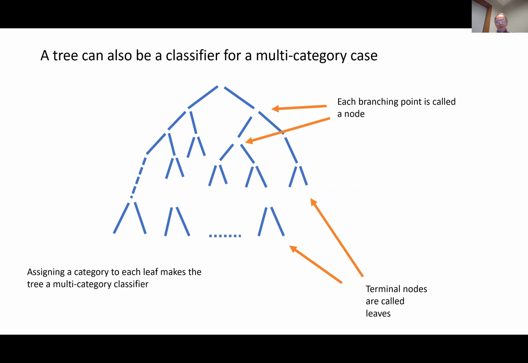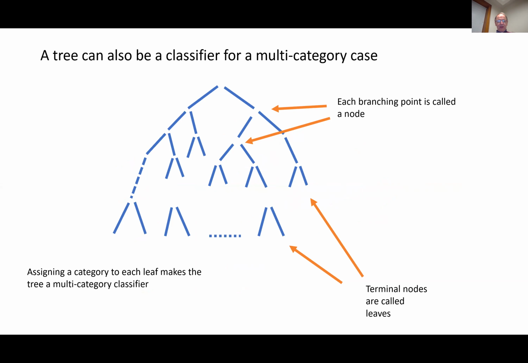Before we go on to that, let me note that a decision tree can classify multi-category cases, and it can deal with categorical data, so it doesn't have to be just numerical data. It's a very versatile model that can deal with a lot of things.